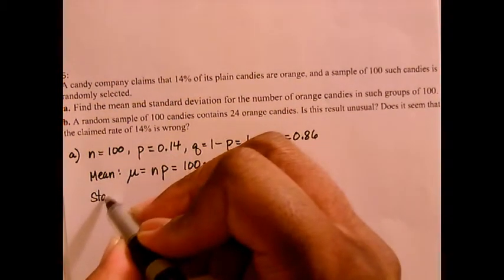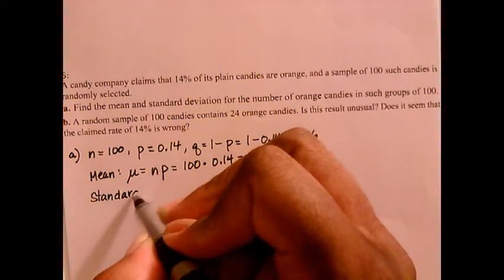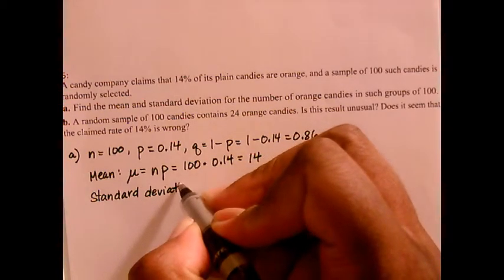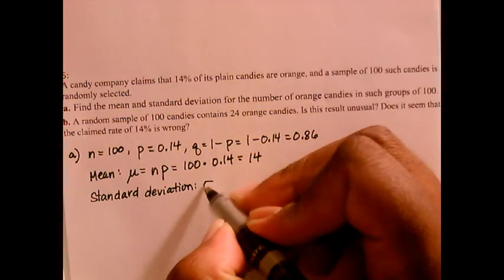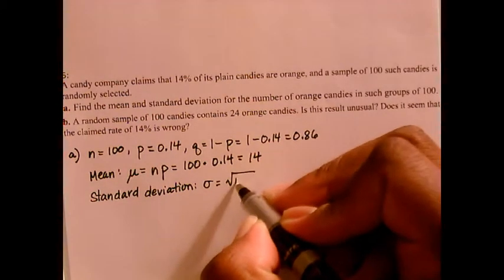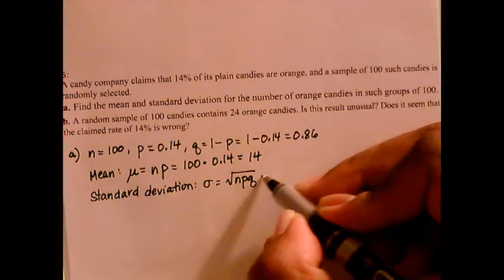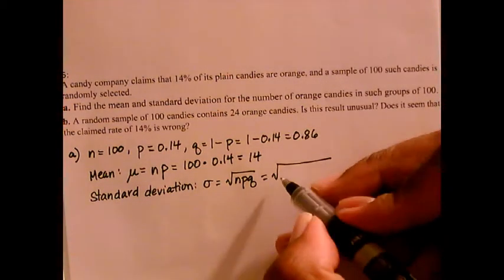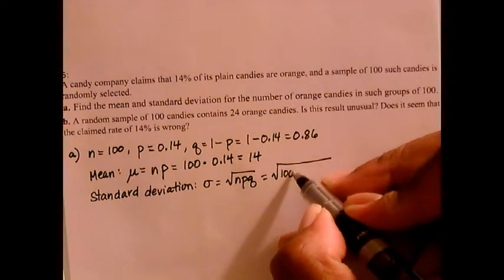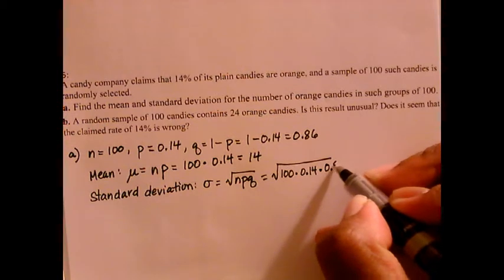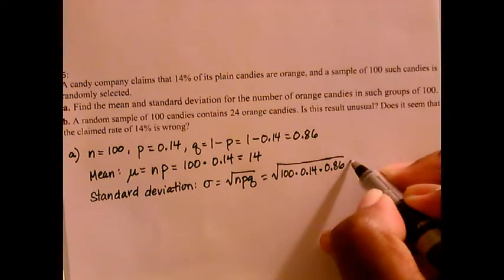Now for the standard deviation, and that's sigma equaling the square root of n times p times q. So we've got the square root of n, which is 100, times p, which is 0.14, times q, which is 0.86.